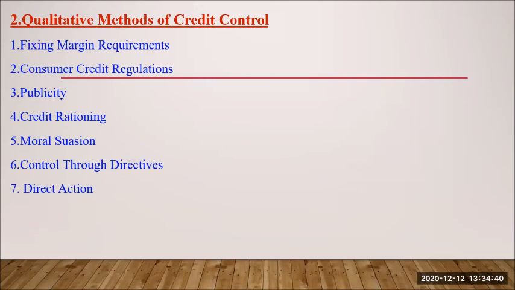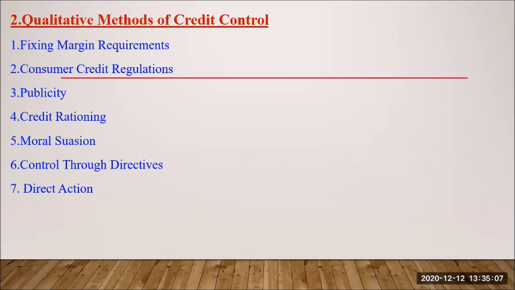Seventh one, direct action. Direct action means RBI directly imposes an action on the commercial bank. This direct action will be taken only against those banks which do not follow the rules and regulations or changes made in the monetary policy of the RBI.